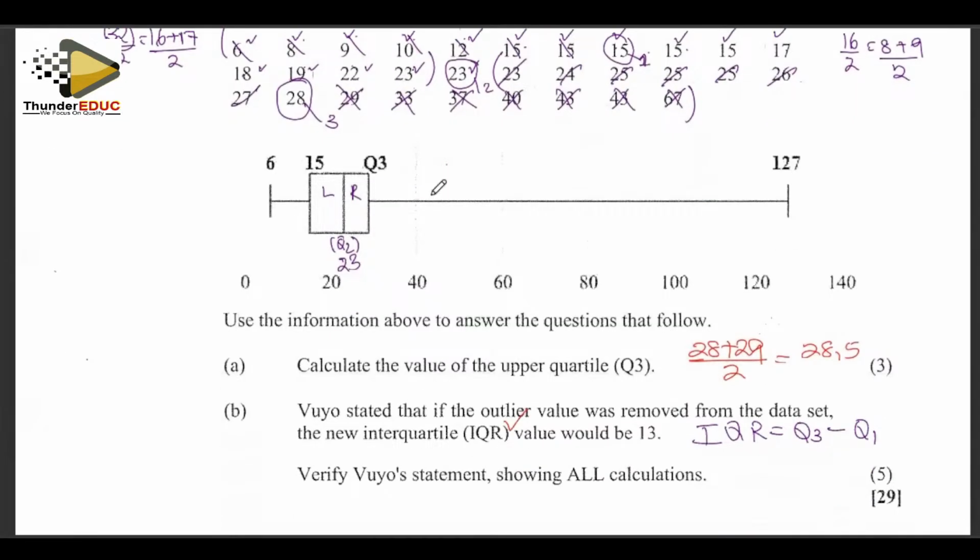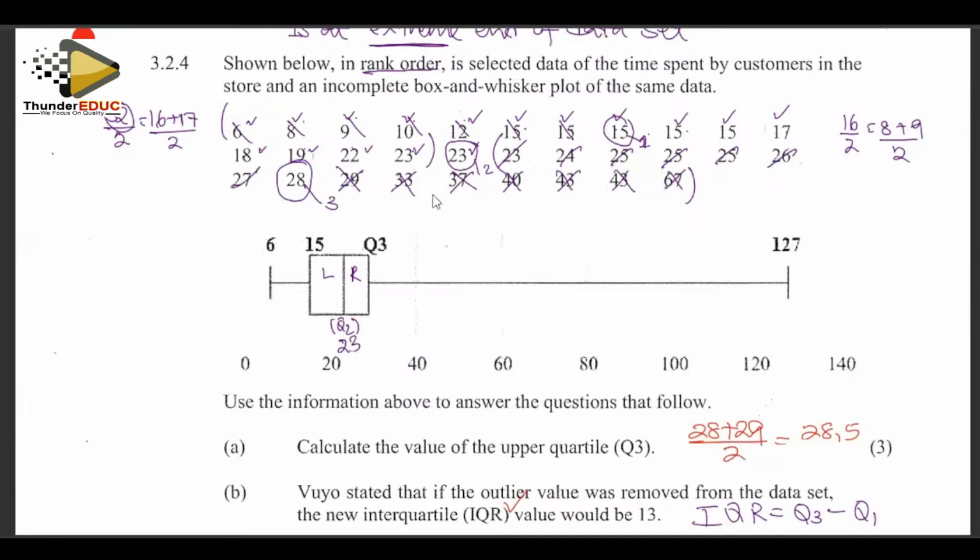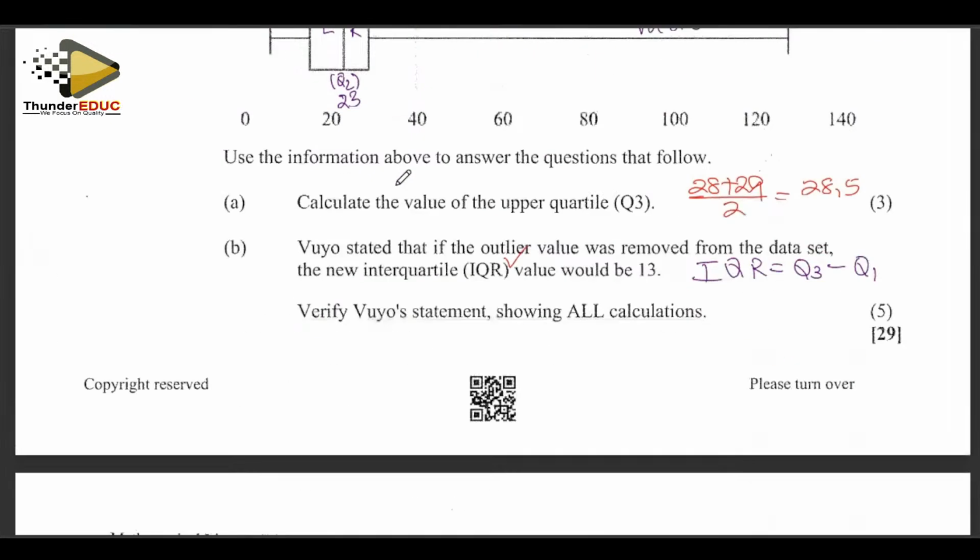Indeed, it will become 13, because now our Q3 is 28 minus Q1, and the answer became 13. So the statement is valid.